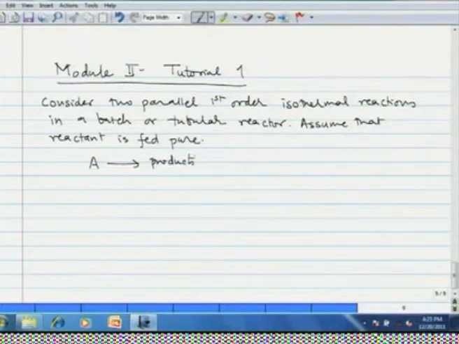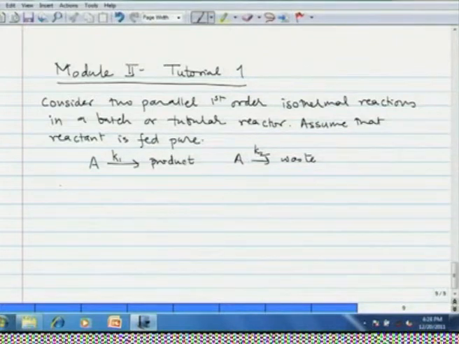The reactions are A goes to P, the desired product, and A goes to W, waste, the undesired product. The rate constants are K1 and K2, okay.